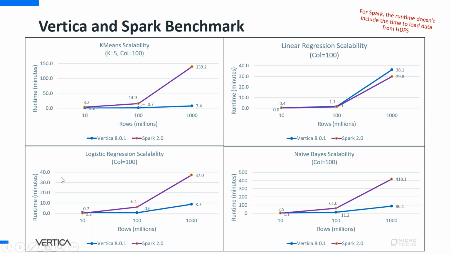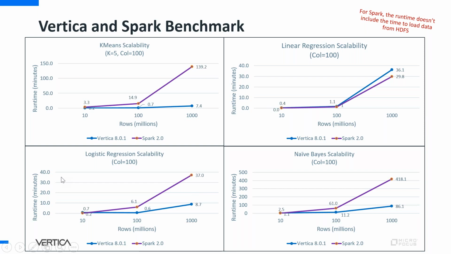We have also done a competitive study against an open source platform like Spark, which people think is quite a fast platform. You can see the results for 4 different algorithms here, and every test has been done against a data set with roughly 100 columns, with data volume starting from 10 million to 100 million and a billion records.